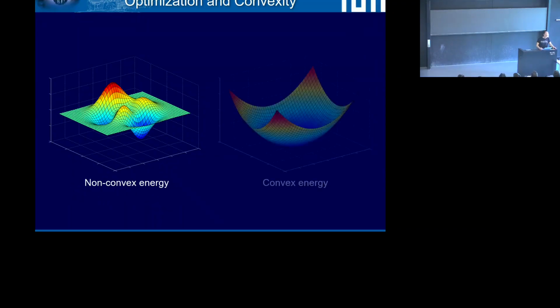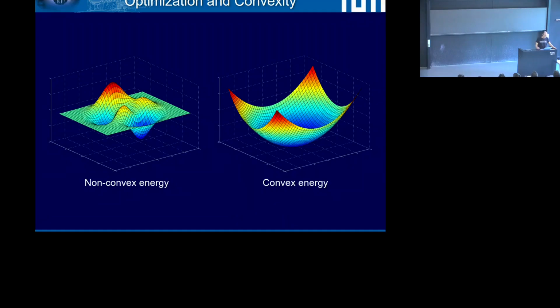But the key idea is that you can start from this non-convex energy and replace it by an equivalent convex one. Equivalent in the sense that there is a way to get from the minimizer of the convex problem back to the minimizer of the original problem. And this is something we showed in 2009.